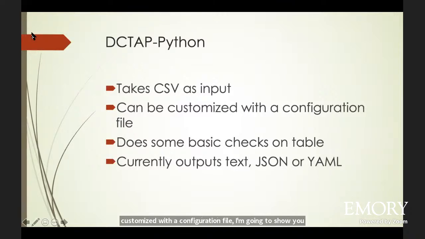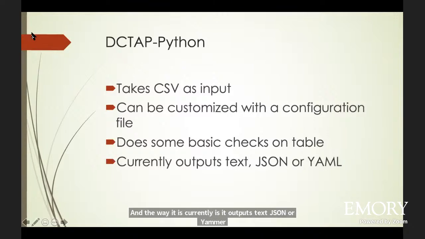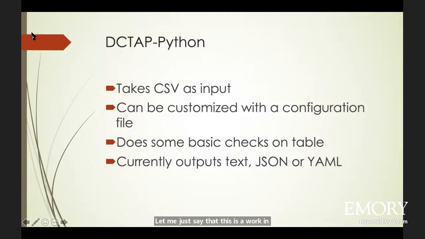It does some basic checks on the table, and you'll be able to see that. I'll show you where the documentation is. The way it is currently, it outputs text, JSON, or YAML. Those are your options. Let me just say that this is a work in progress. There may be some other things shown here that appear in this program, other functions. We have things in mind, but the way it is, it's stable for what it does.